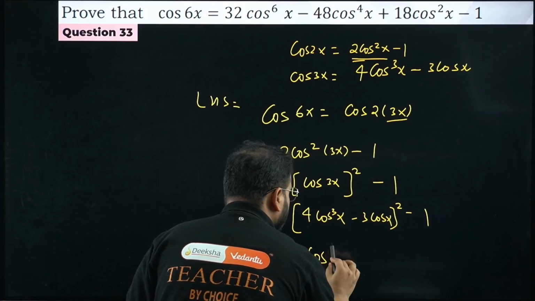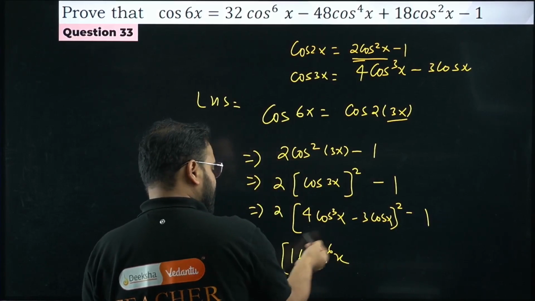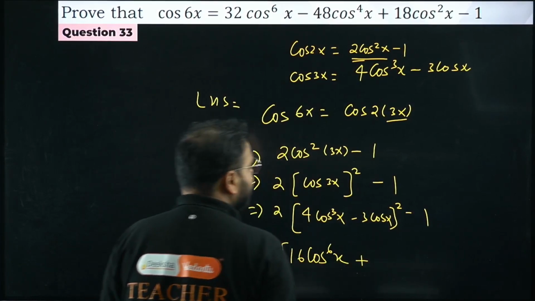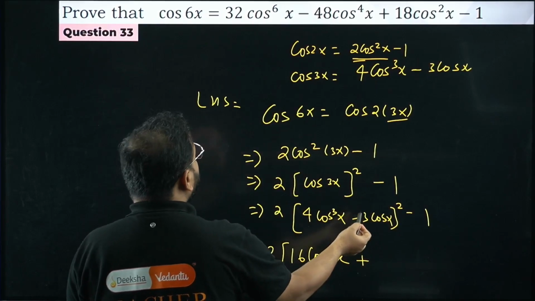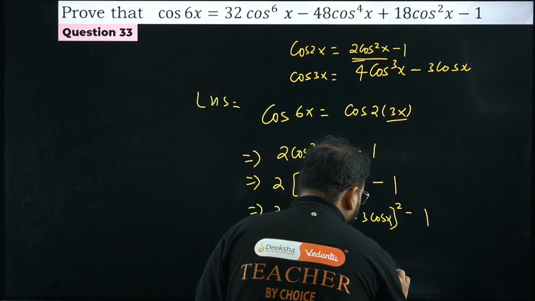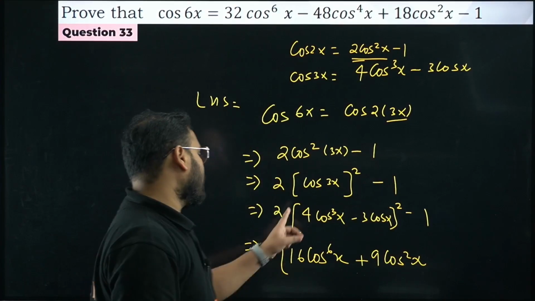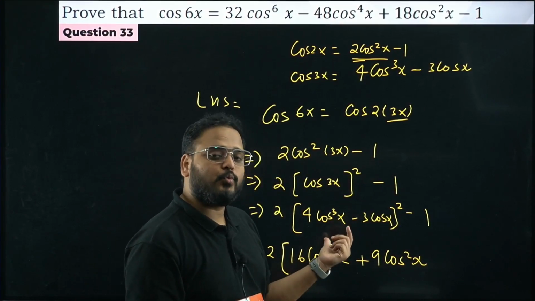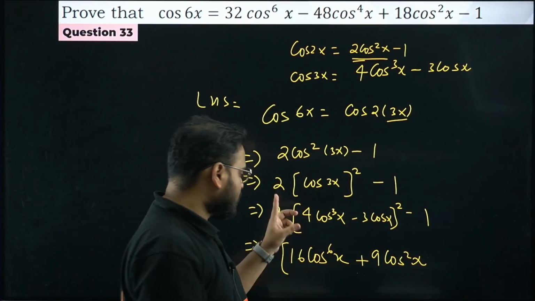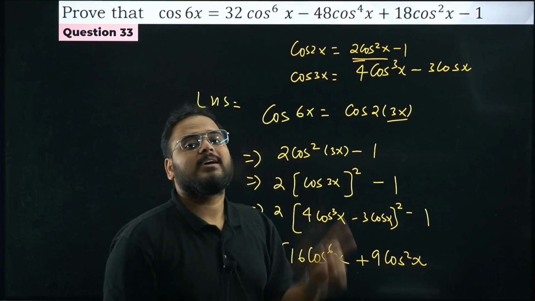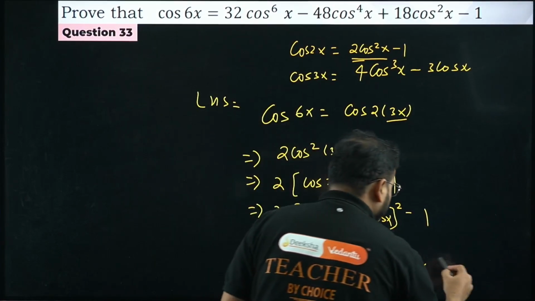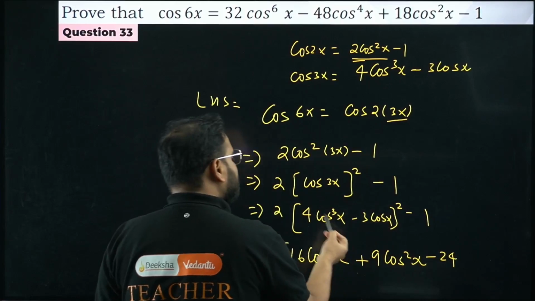So cos power 6x, this is a square plus b square. We'll have 9 over here, so it becomes 9 cos square x. And the last one, the negative part: 2ab term. 2 into 4 into 3 is 24. So minus 24, and cos x into cos cube x.